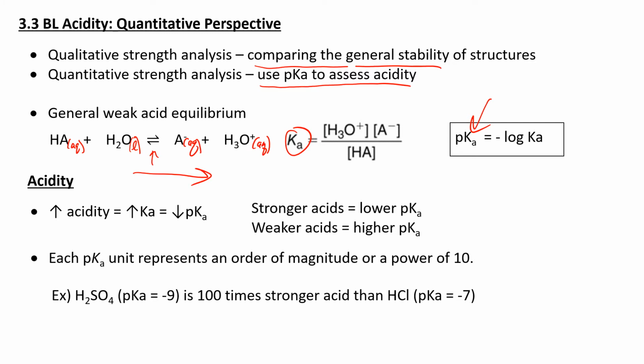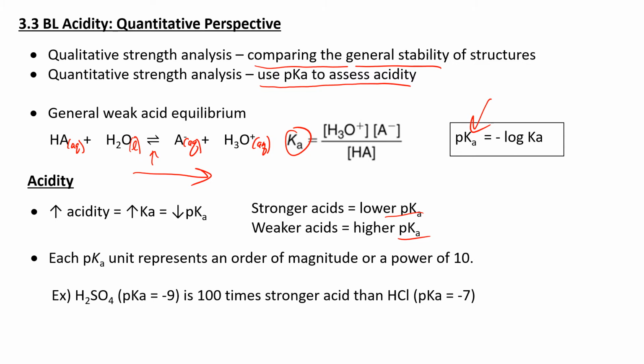So the relationship between Ka and pKa is inverse. The larger the Ka, the lower the pKa, because the pKa is a logarithmic function. So, in a nutshell, the stronger the acid, the lower the pKa. The weaker the acid, the higher the pKa.